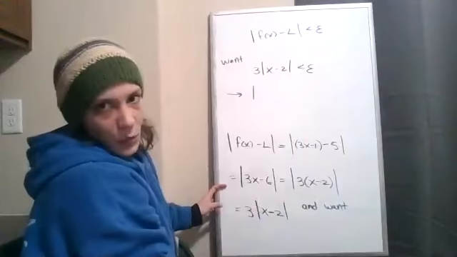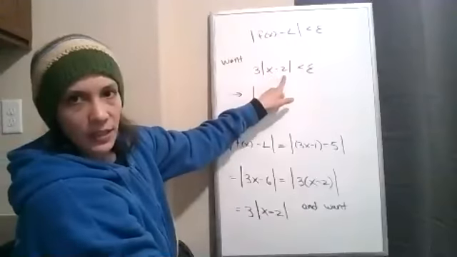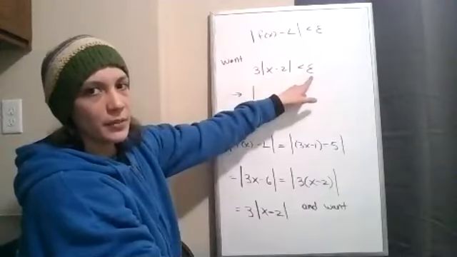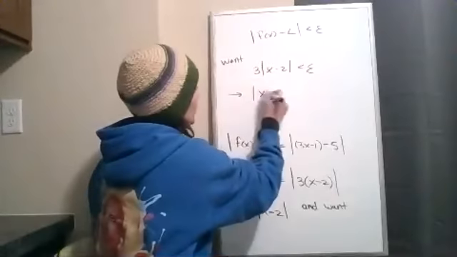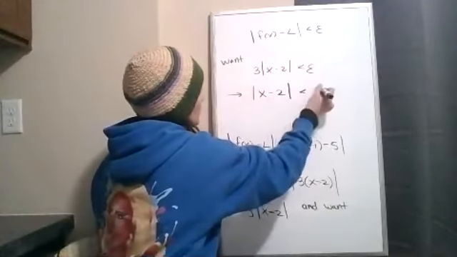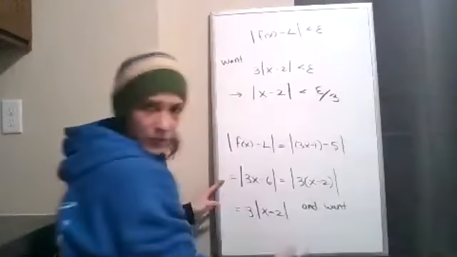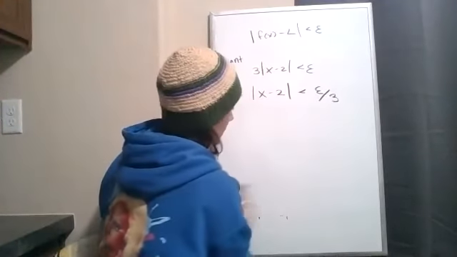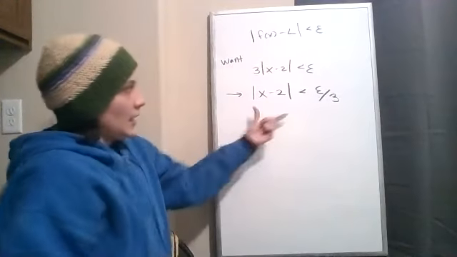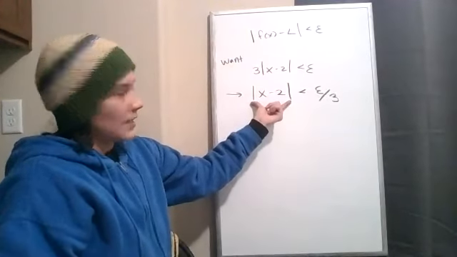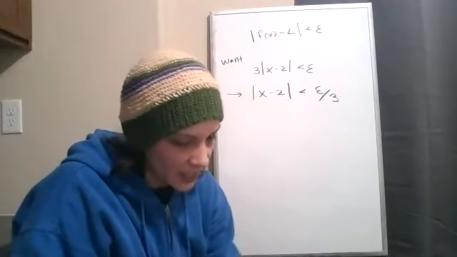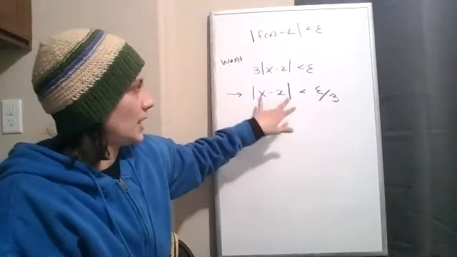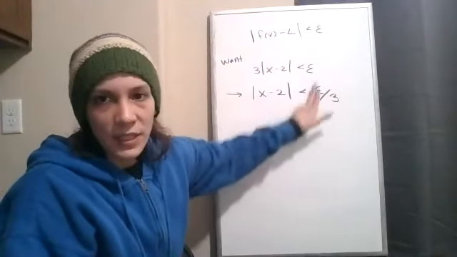Okay, we're going to get absolute value of x minus 2 less than epsilon over 3 by dividing both sides by 3. It's difficult to write, but it's epsilon over 3. And this is what we have. The distance between x and 2 less than this value will be delta.